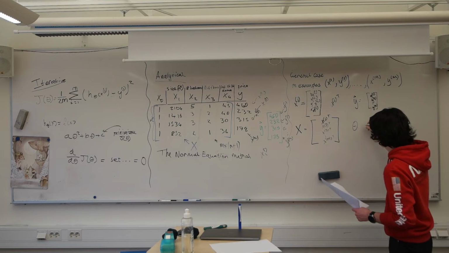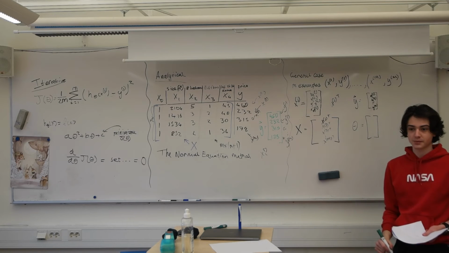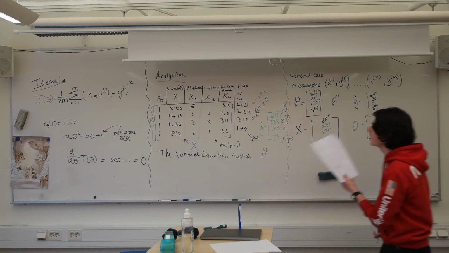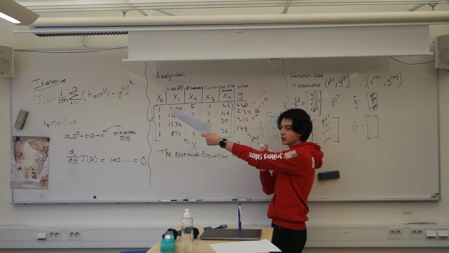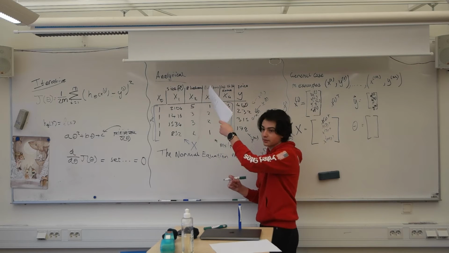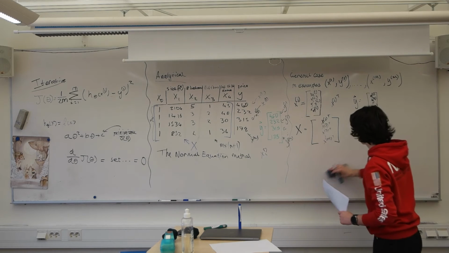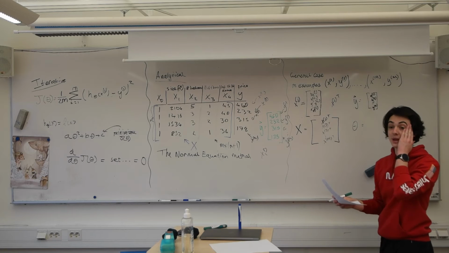So let's say we're going to have our theta here. Our theta is going to be some matrix of parameters, and that's going to be dependent on the number of features that we have. So we're going to end up with this theta matrix. And when I write theta from now on, I'm going to be talking about the theta matrix, right?